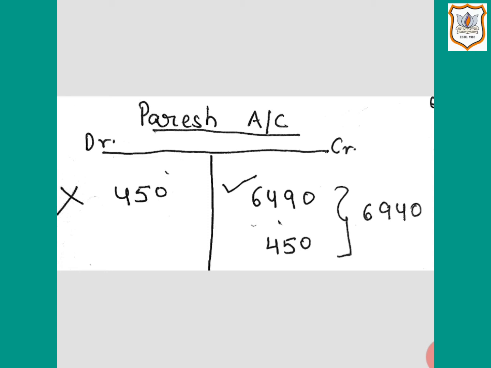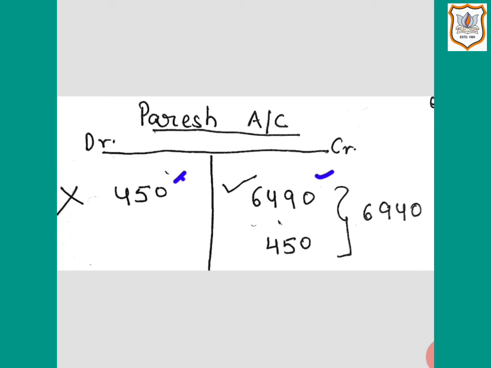So here, we will record it as by cash account rupees 6,490 on credit side of Paresh account. As per the principle, do what is correct. But by mistake, amount 450 instead of rupees 6,490 is recorded on debit side of his account.